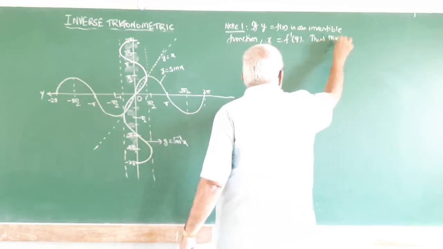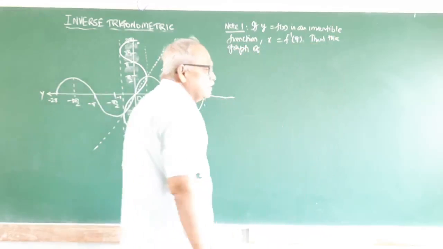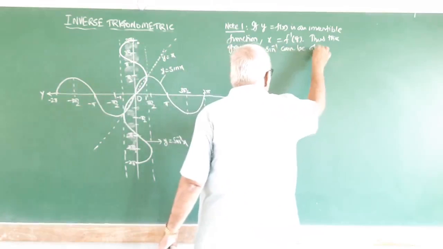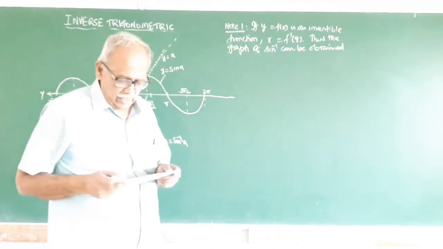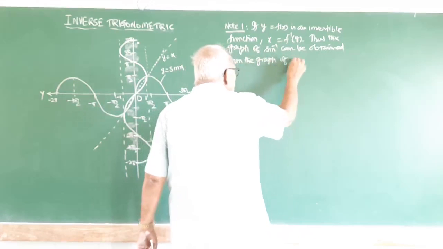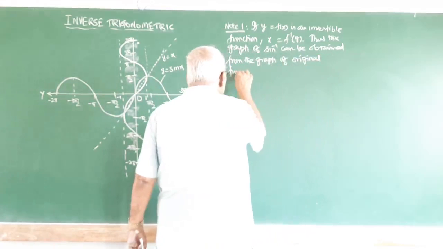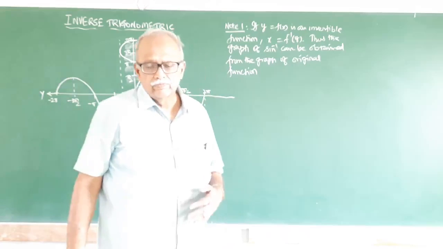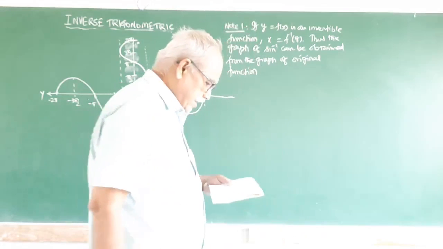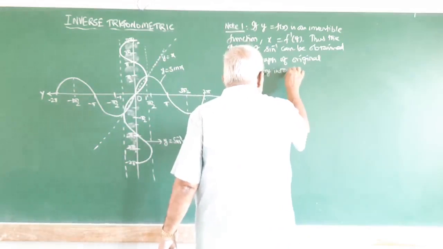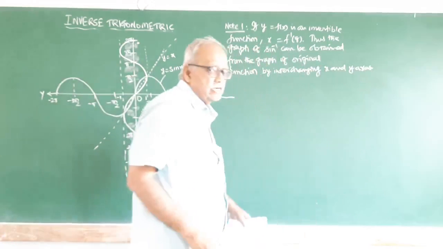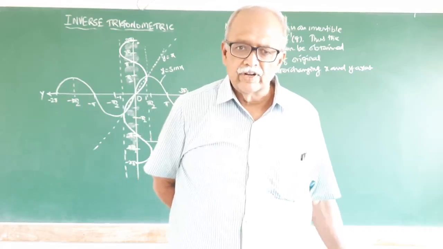Thus, the graph of the sine inverse function can be obtained from the graph of the original function by interchanging the x and y axes. If you interchange x and y axes, you can get the inverse function from the original function.